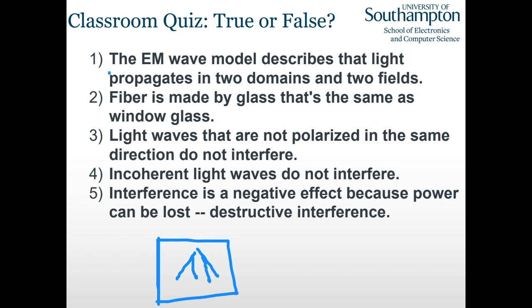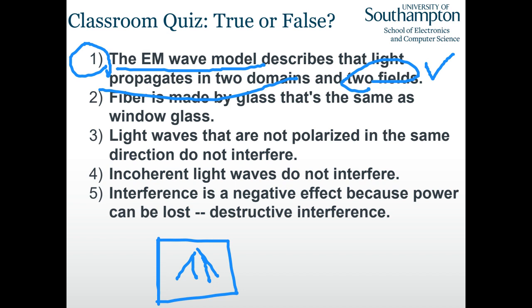The first question: the EM wave model describes that light propagates in two domains and two fields, true or false? This is actually true because we have two domains, time domain and distance. We have two fields, electric field and magnetic field.